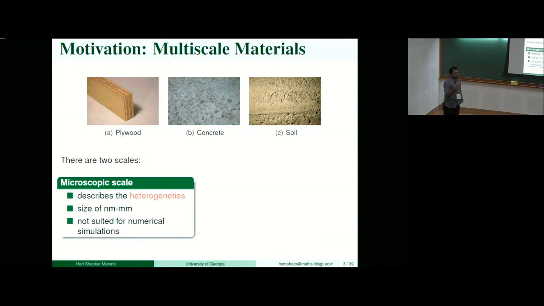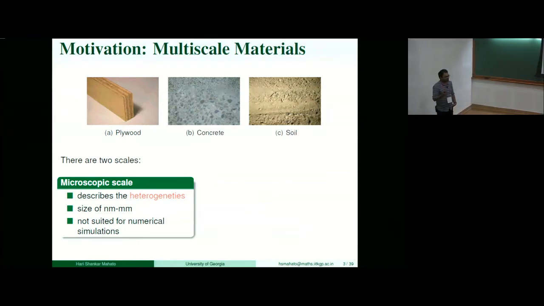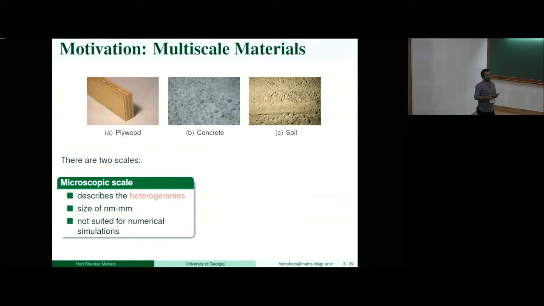When we categorize these composites, you always have to think about the microscopic scale, where you can describe the heterogeneities very precisely and see what is happening at the microscopic level. But at the same time, these microscopic models are not good for conducting numerical simulations.